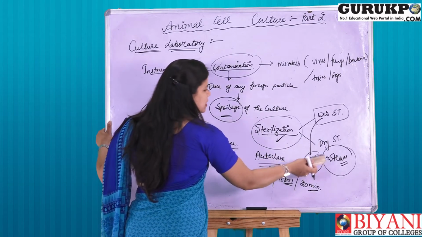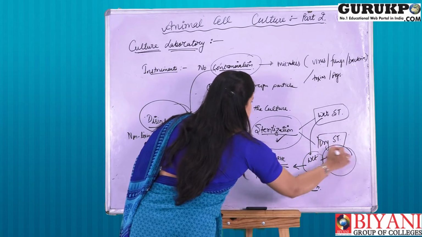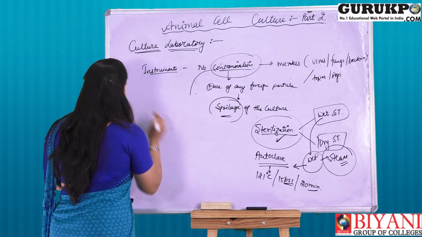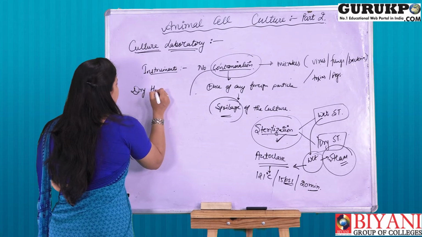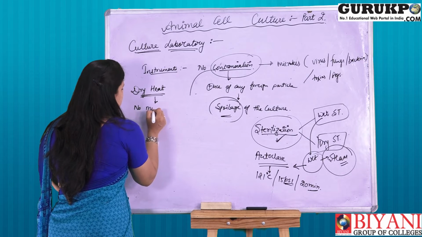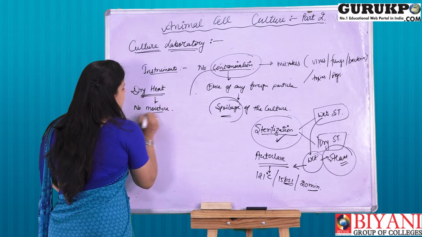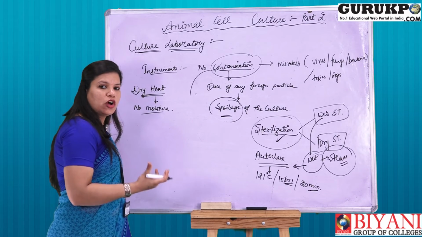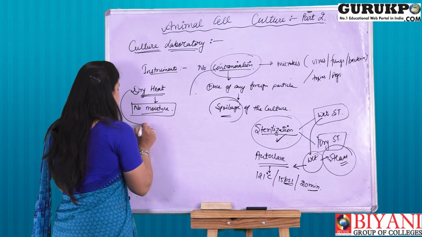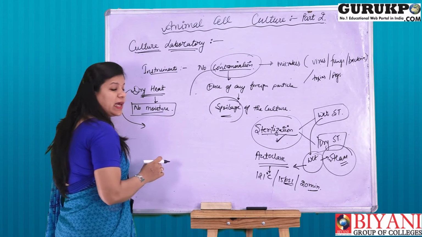Now what is the dry heat sterilization? Dry heat means there is no moisture utilized for the purpose of sterilization. Understood? So no moisture means what kind of instrument is utilized then?